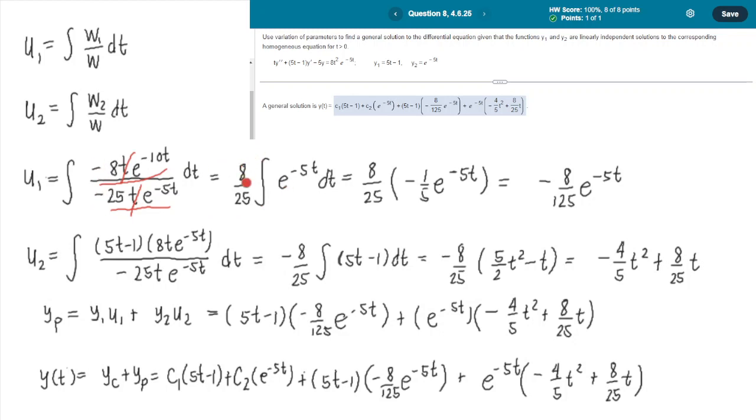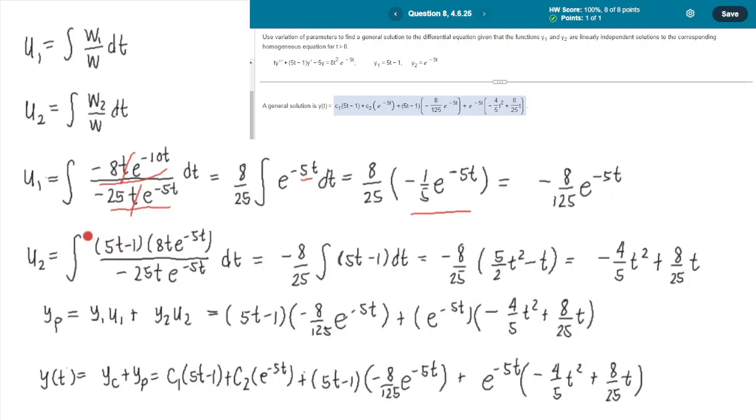That's why our constant is factored out, giving 8 over 25 times the integral of e to the negative 5t. Negative 5t is the exponent here because negative 10t minus negative 5t is just negative 5t. Now, the integral of this one is this, and we have our u sub 1 equal to negative 8 over 125 e to the negative 5t.